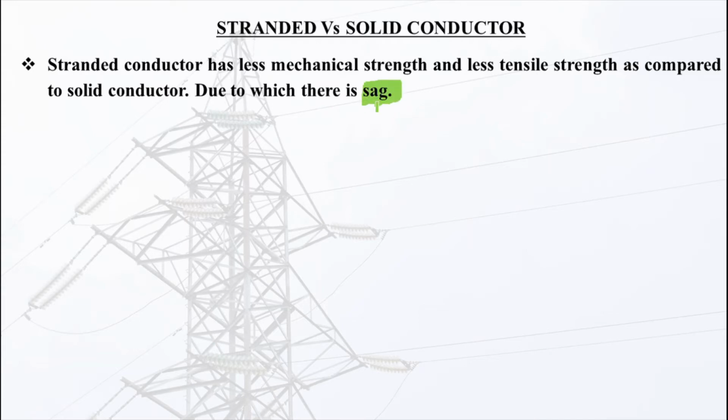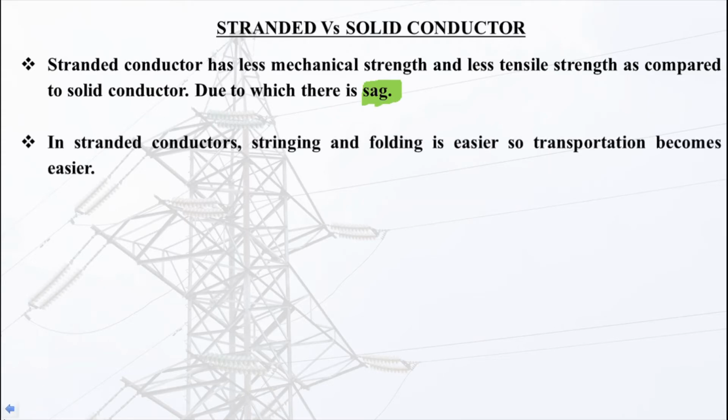As stranded conductors have less mechanical strength, stringing and folding is easier in the case of a stranded conductor. So this is an advantage. This less mechanical strength leads to sag, which is a disadvantage. But on the other hand, due to less mechanical strength, they are very easy to fold. And when they are easy to fold, this makes transportation of stranded conductors easier.